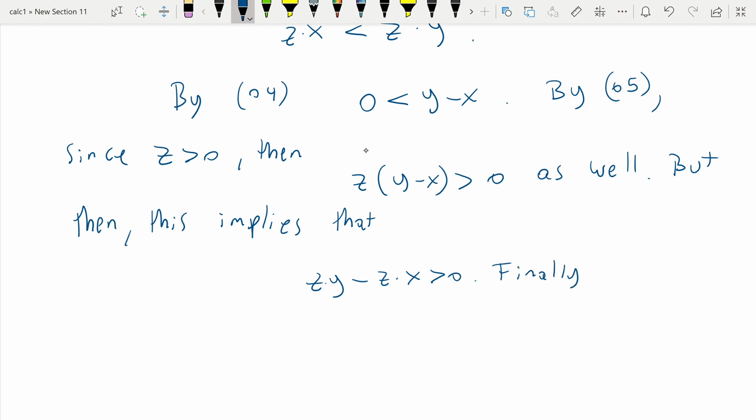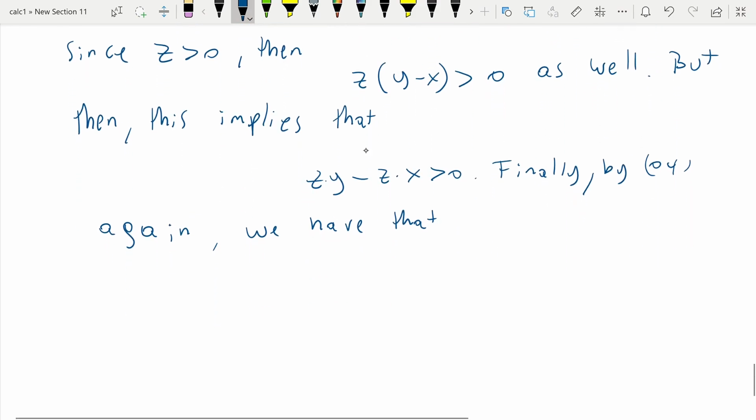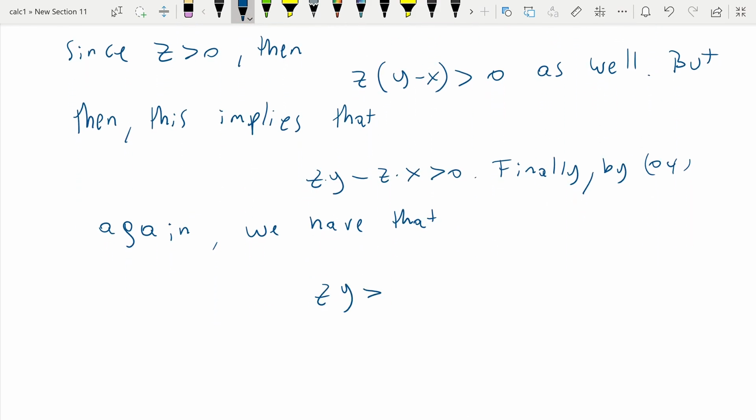Finally, by 04 again, we can add z times x on both sides, and zy is greater than zx, which is what we wanted.